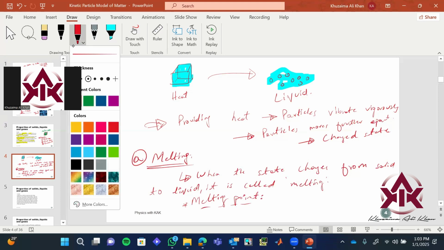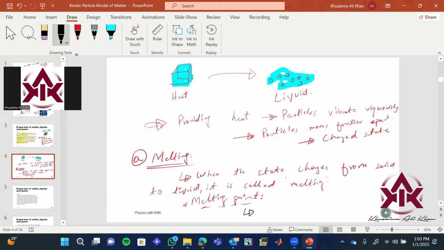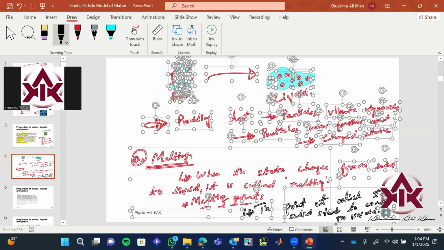The point at which the solid starts to convert to liquid. It is the point at which the melting process starts, so that is called the melting point, right? It's pretty simple. So this is the first change of state you have in your syllabus.